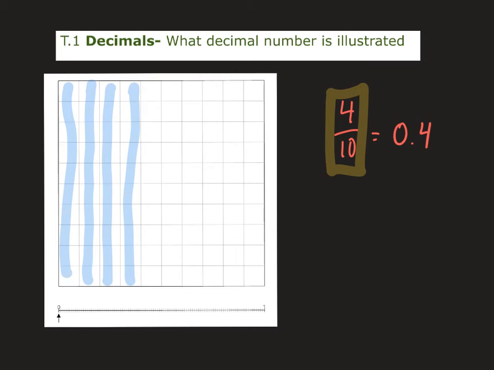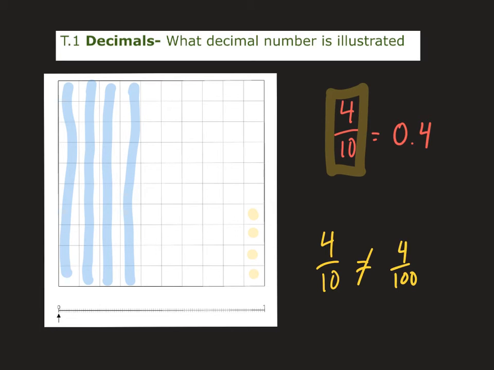But these are not equivalent. 4/10 is not equivalent to 4 hundredths. If somebody offered you 4 dimes or 4 pennies, would you say it doesn't matter because they're the same? No, 4 dimes is worth more.